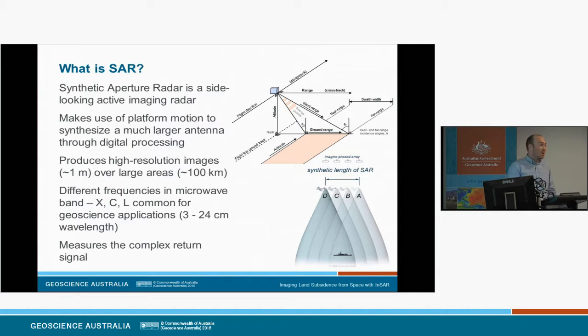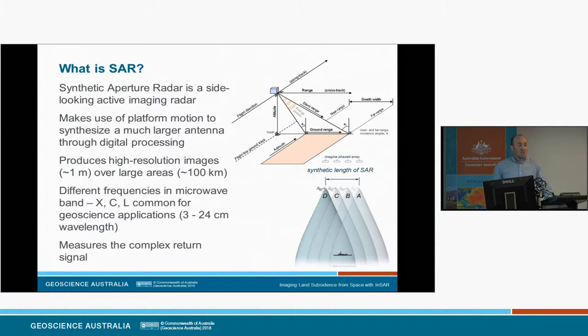So the pixel size in the image is typically up to meter resolution. The radar operates in the microwave frequency band, and we typically use the X, C and L bands for geoscience applications, and that's microwave wavelengths in the 3 to 24 centimeter range.